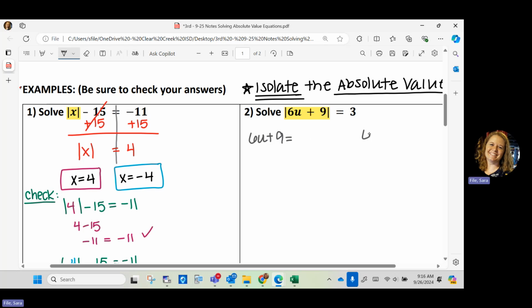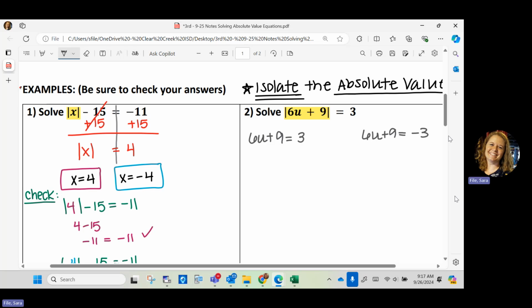And we're going to set it equal to positive or negative 3. So positive 3 and negative 3. Do y'all see that that's the same thing we did right here? It was just x inside here, so we were done. Here, our inside is 6u plus 9. So now we've still got some work to do.